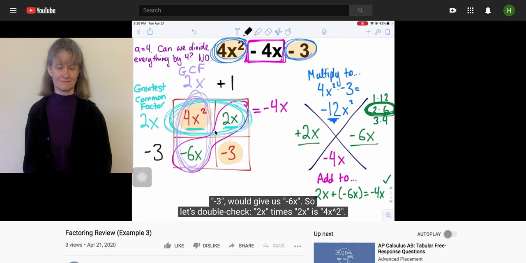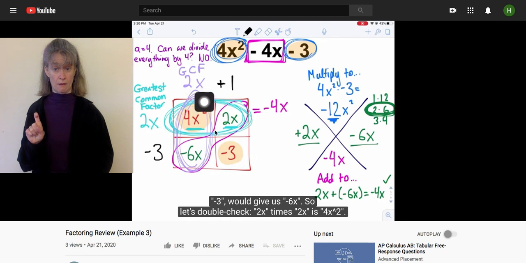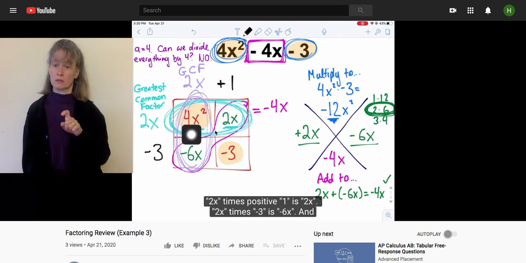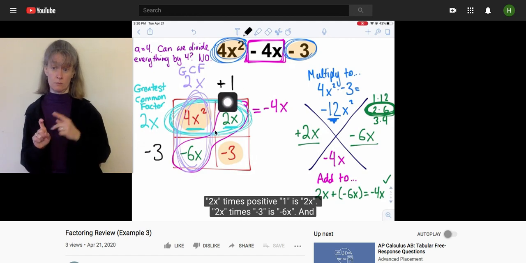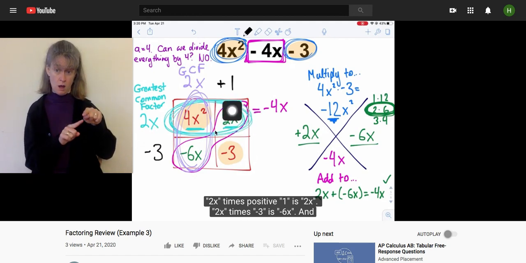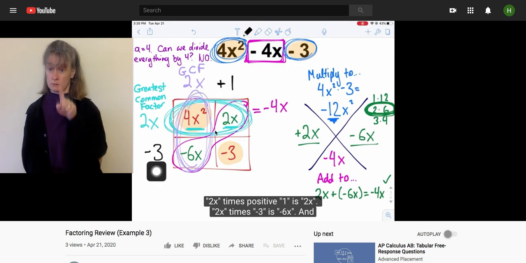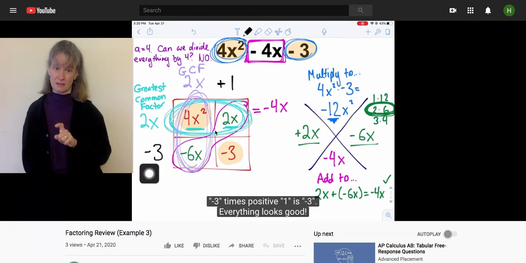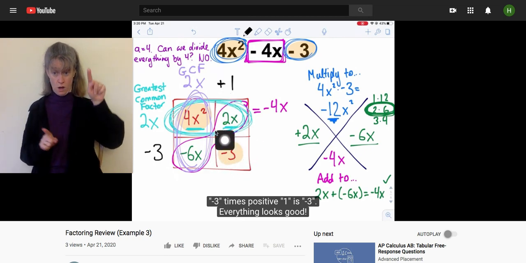So let's double check. 2x times 2x is 4x squared. 2x times positive 1 is 2x. 2x times negative 3 is negative 6x, and negative 3 times positive 1 is negative 3.